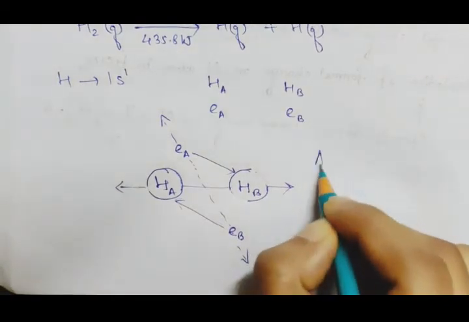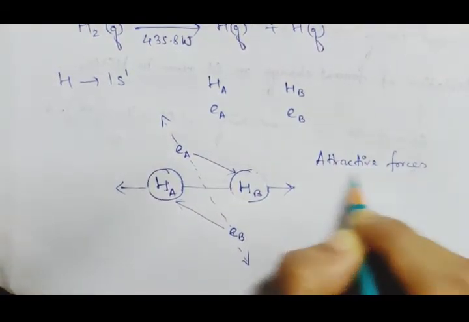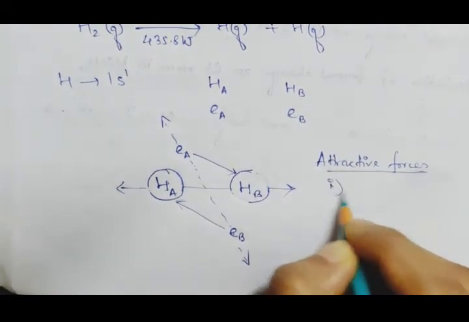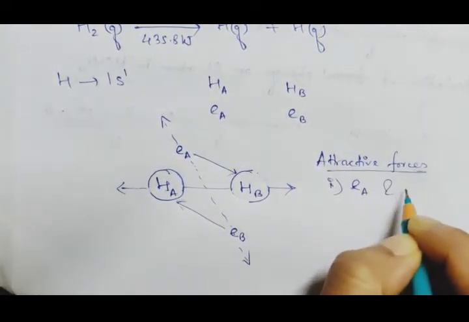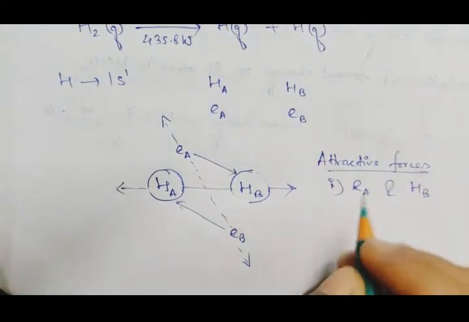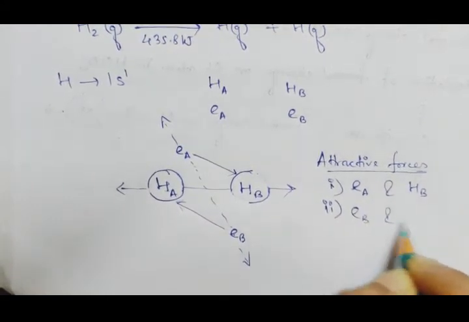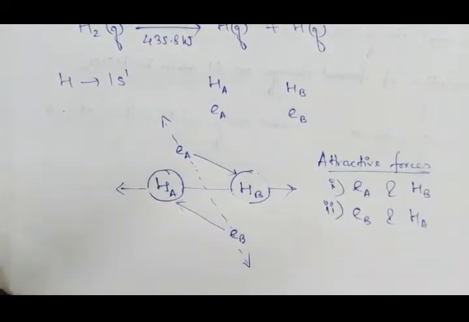So the attractive forces will occur between the electron Ea and the nucleus of B hydrogen atom, and another attractive force will act between Eb and the nucleus of the A hydrogen atom. Clear?